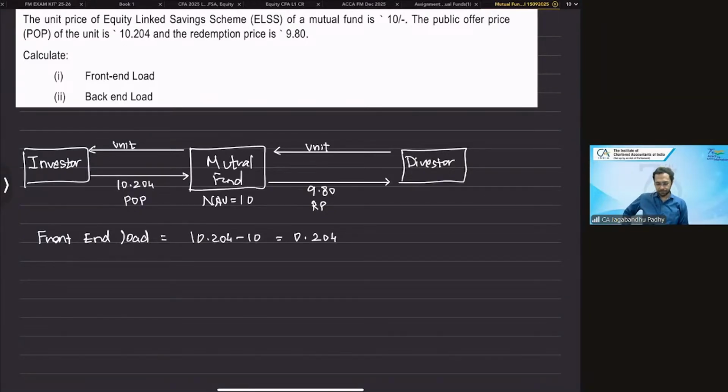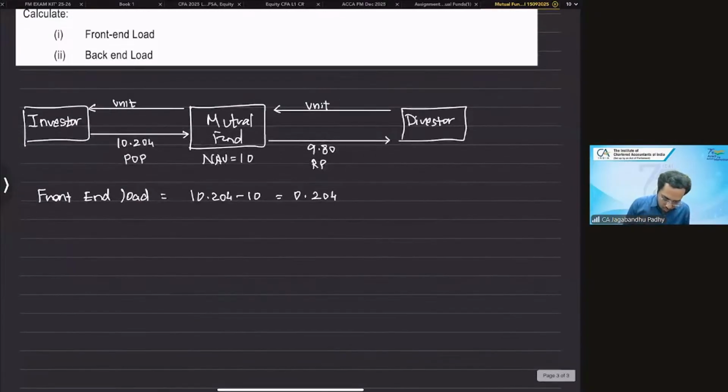Right, guys? Because the unit value is 10, but the investor is going to pay 10.204 for that. So he's paying this 0.204 additional, right? So what is the front end load percentage?